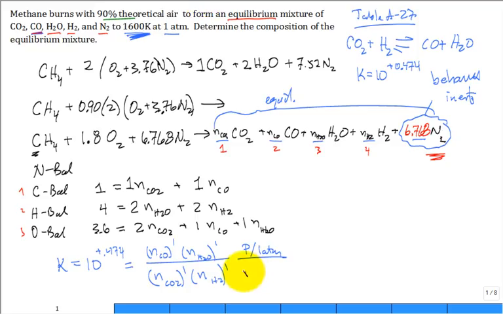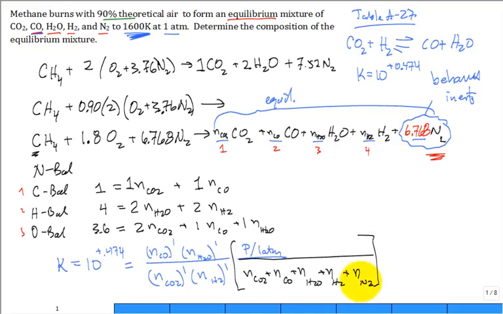That'll be the amount of CO2, the amount of CO, the amount of H2O, the amount of H2, and the amount of N2. And then it's raised to the power, the stoichiometric coefficient, 1 plus 1 minus 1 minus 1.